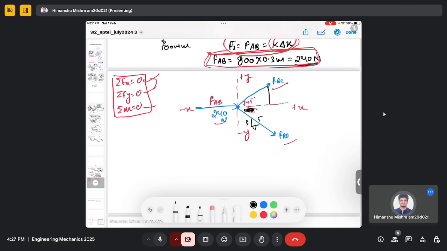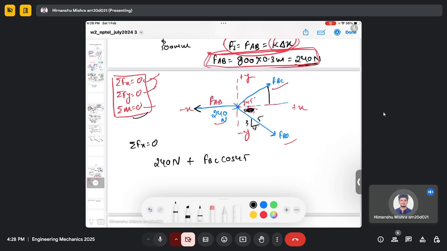So now with the edited free body diagram, we can use these equilibrium equations. So let's say if I do the summation of the force in the x direction, then I will have here 240 Newton, which is pointing in the x direction, plus FBC cos 45.